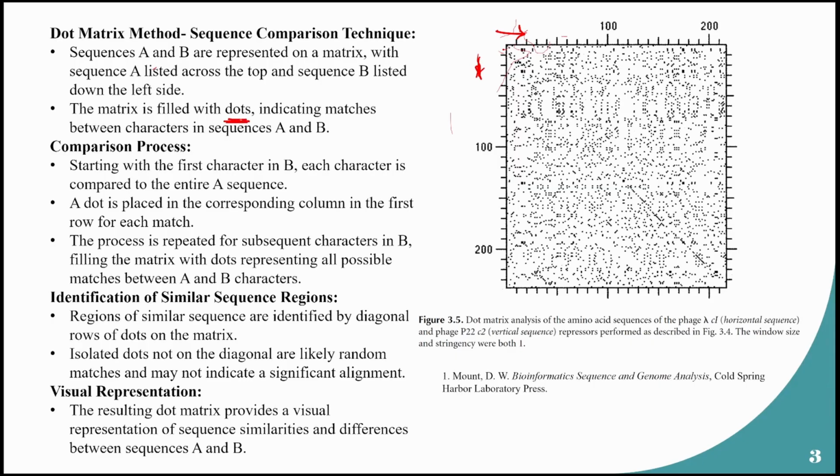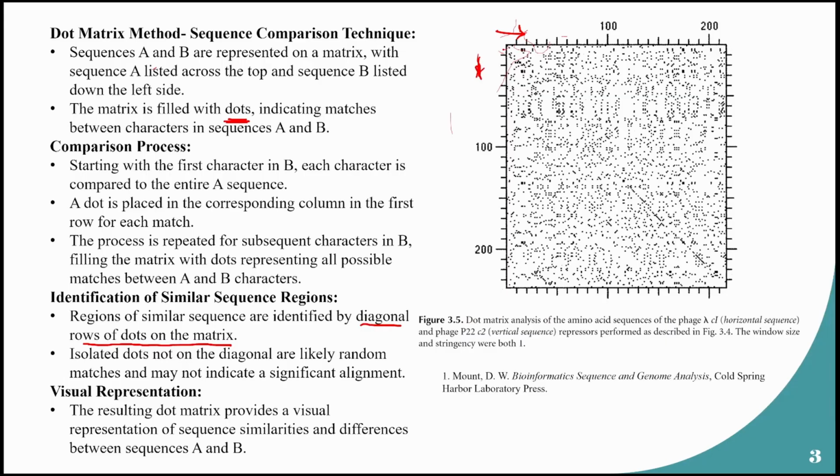So you will start from one corner, let's say, and you will start to fill every possible junction point where a particular dot is possible. If there is possibility, we'll fill that with a dot. And then whenever you see diagonal rows of dots on the matrix, that particular section will tell you that this particular area is matching.